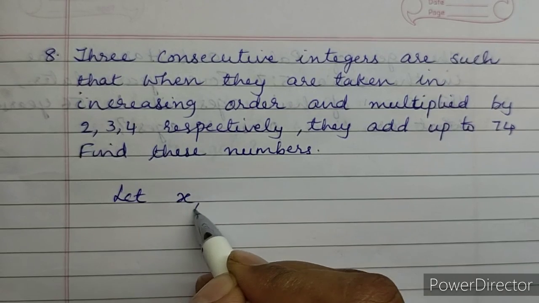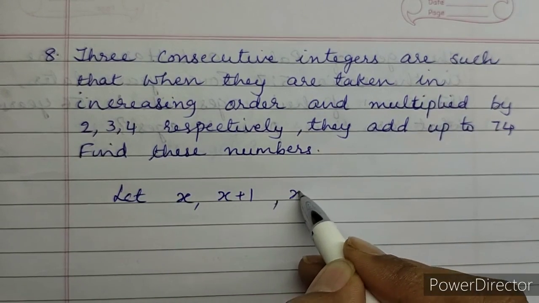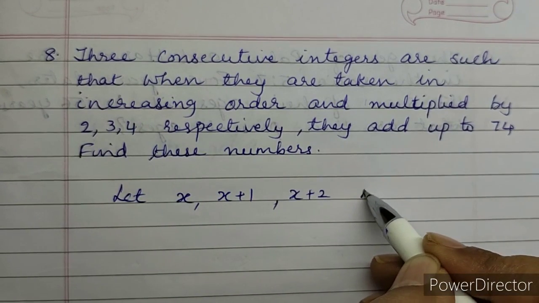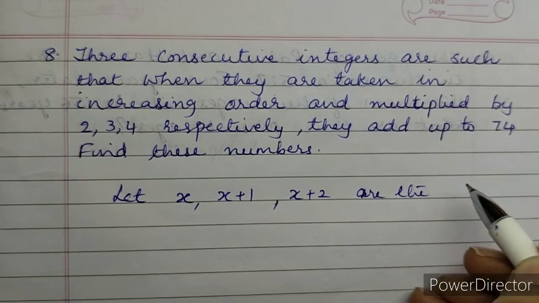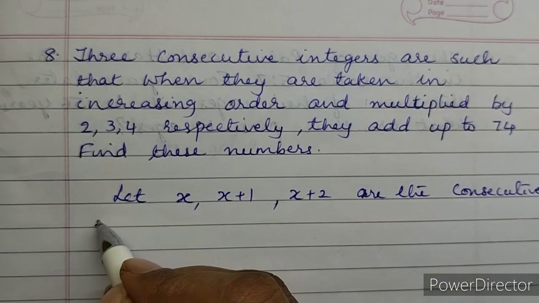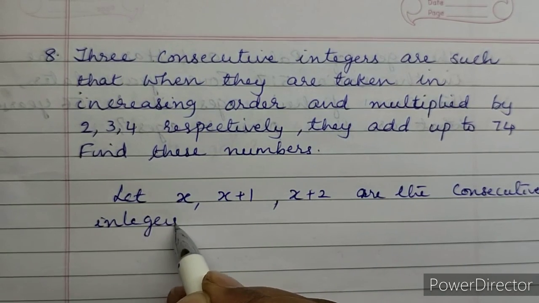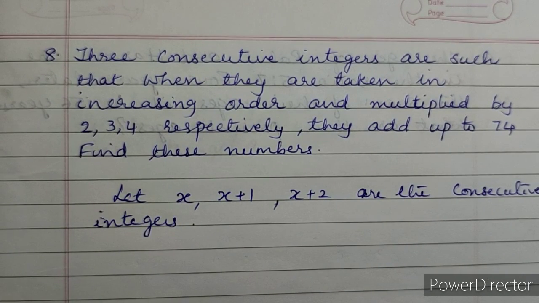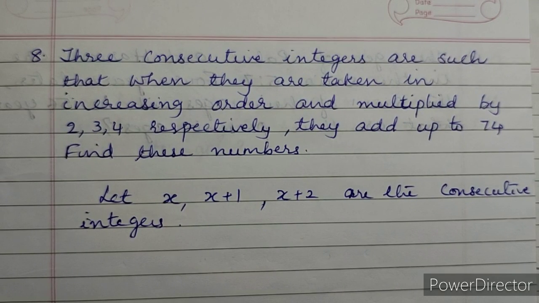Let x, x plus 1, x plus 2 be the consecutive integers. So you got the integers now.